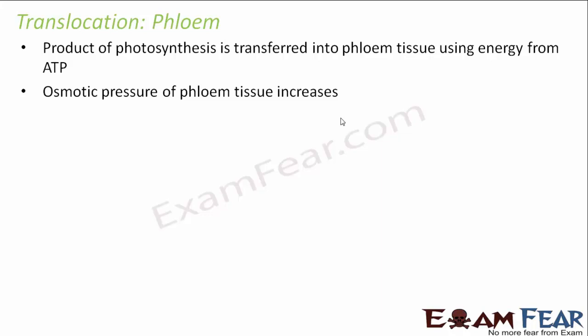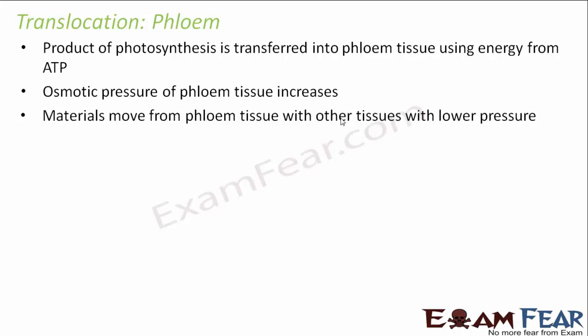Now the product of photosynthesis is passed into the phloem tissue using the energy from ATP, that is the adenosine triphosphate molecules. Now once the transfer is done, what happens to the phloem tissue? The osmotic pressure of the phloem tissue increases. Now, when there is a difference in pressure, the phenomenon of osmosis will take place.